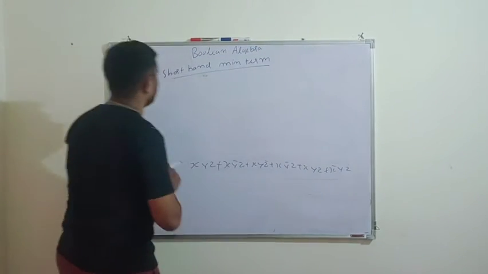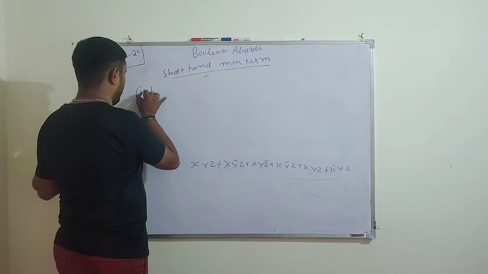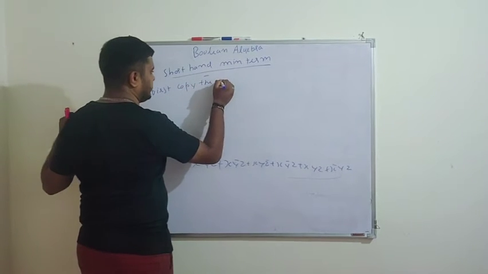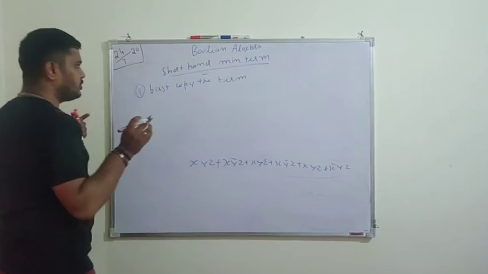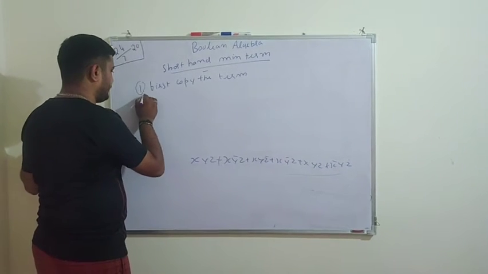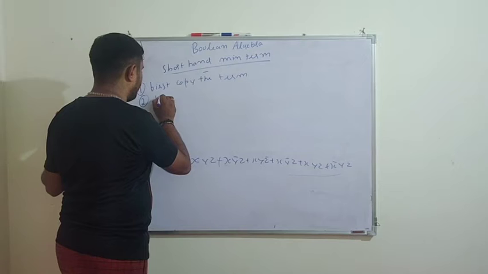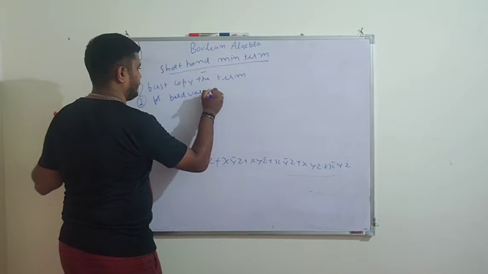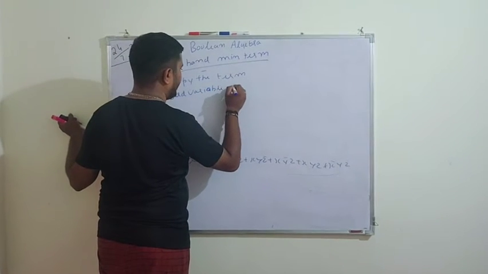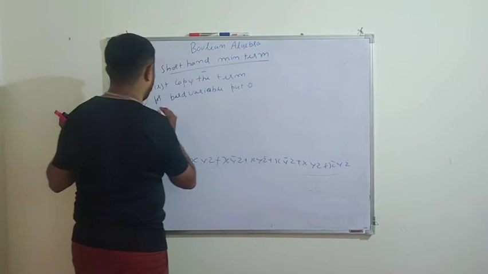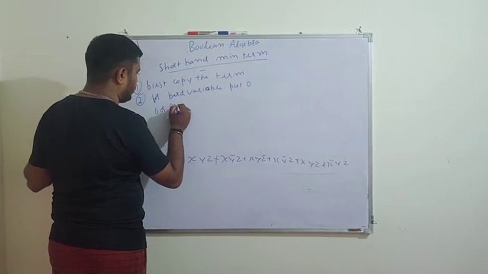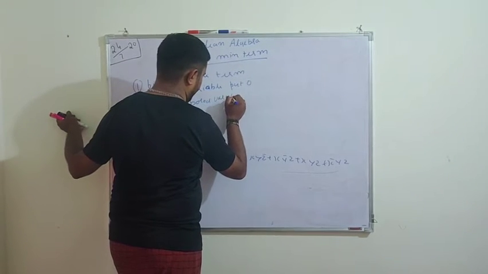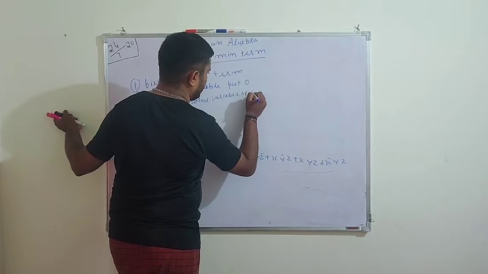Now what you should do? First, copy the term. Second, for a barred variable put 0, and for a non-barred variable put 1.